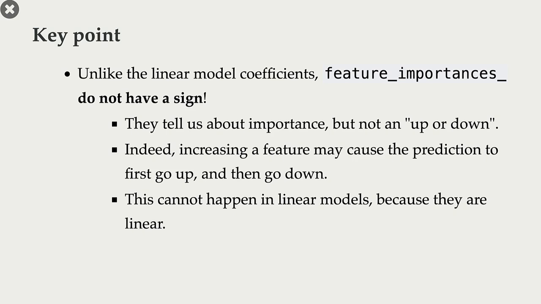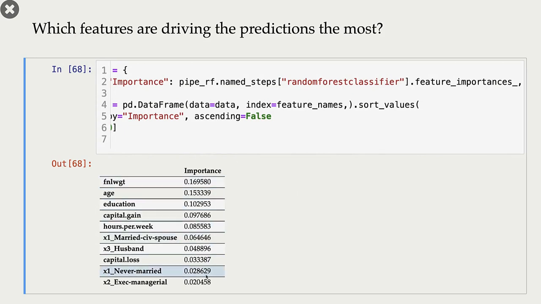Or if you decrease the value of this feature, then the prediction is going to change in this other direction. But in nonlinear models, it might happen that increasing a feature may cause the prediction to first go up and then go down because it is a nonlinear model. So yeah, the key point is that there is no sign to these coefficients. We do not see any sign here.